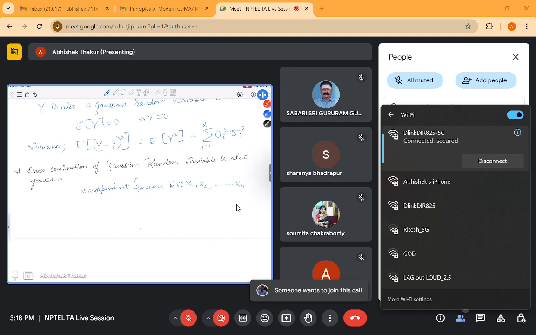So x1 to xn are the n Gaussian random variables. Their linear combination y, a1 x1 plus a2 x2 plus up to an xn, is also a Gaussian random variable, and it can be denoted with mean equal to 0 and variance summation of ai squared sigma i squared.